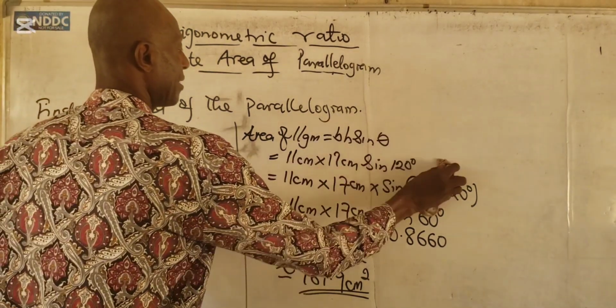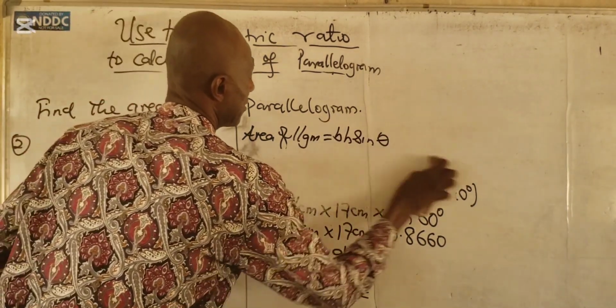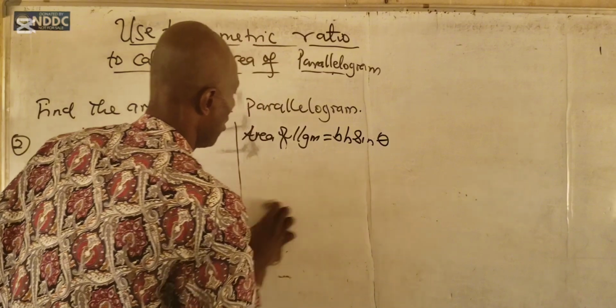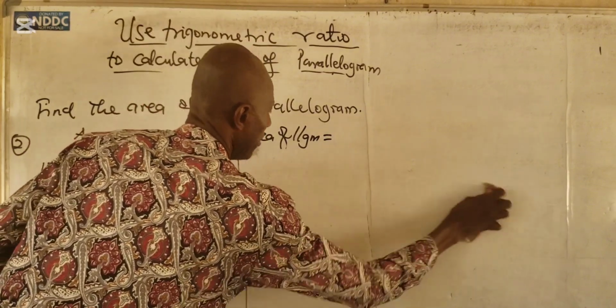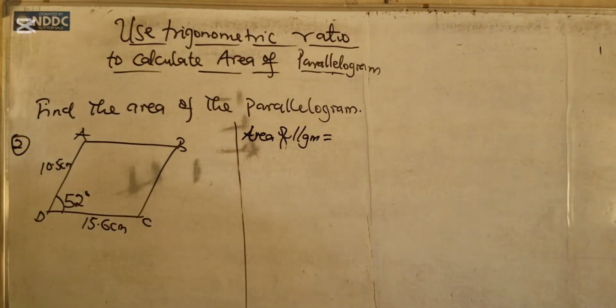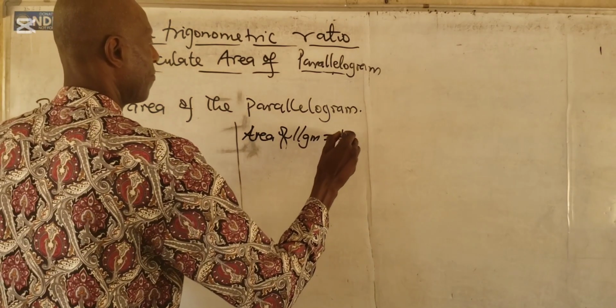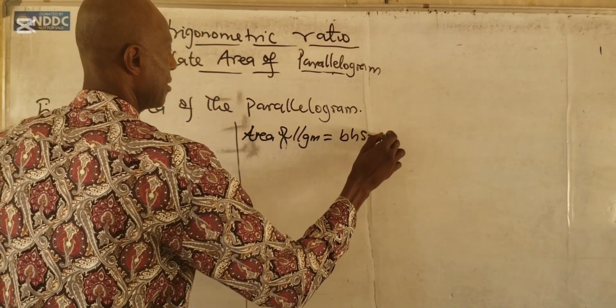Now, we look at the same formula. Base times height times sine theta.